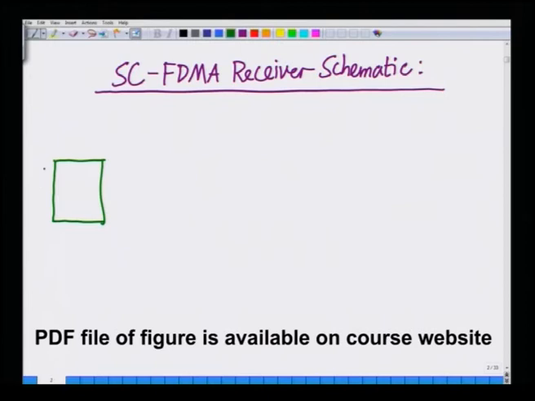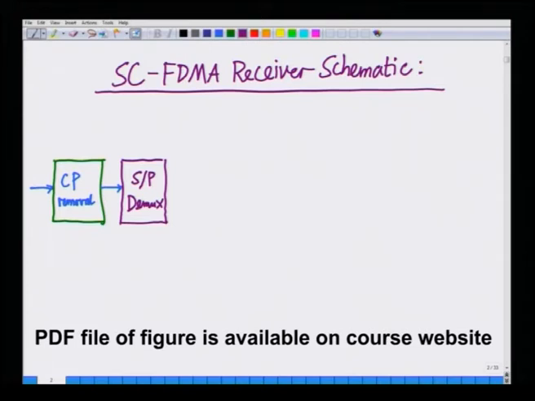Once I get the symbols, I am going to remove the cyclic prefix, followed by a serial to parallel demux operation, that is serial to parallel demultiplexing.